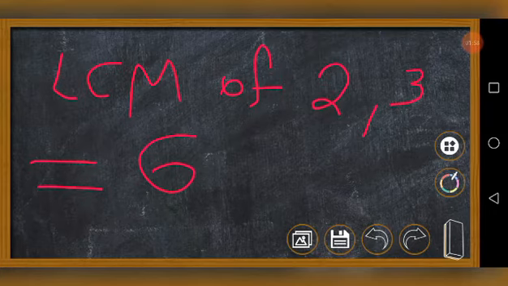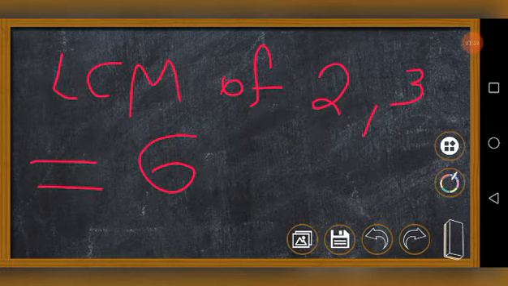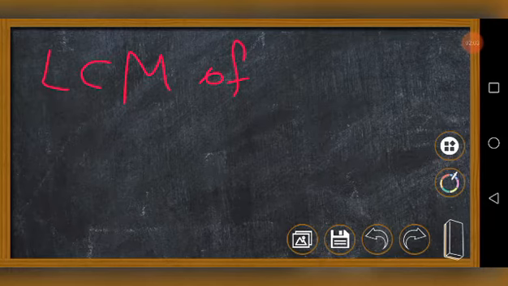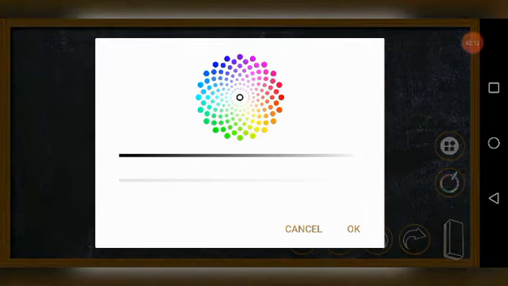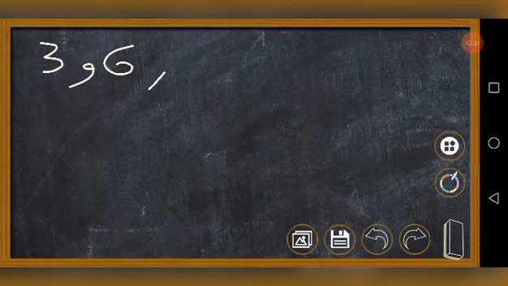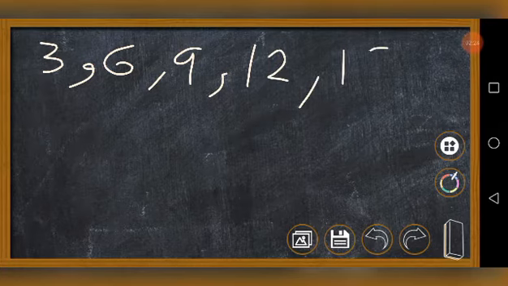Okay, now let's take another example. Try to find the LCM of the two numbers 3 and 4. Now again, list the multiples for each number. The multiples of the number 3: 3, 6, 9, 12, 15, 18.